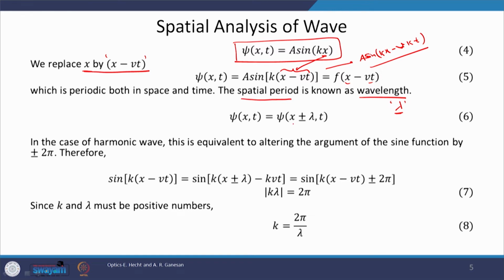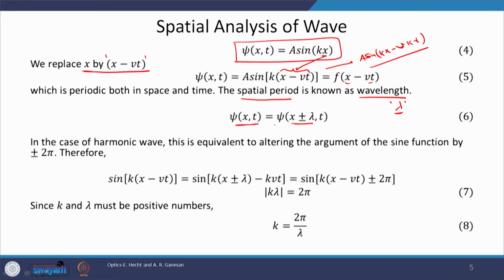Therefore, if you add or subtract lambda in x, the resultant expression would be unaltered. It would not cause any variation in the resultant expression. Now, we know that psi is a harmonic function, and by adding or subtracting lambda there is no variation in the expression.